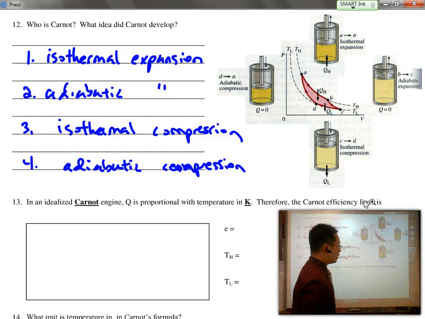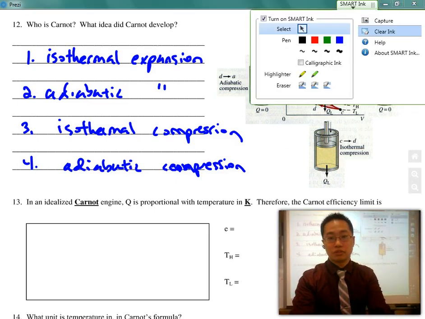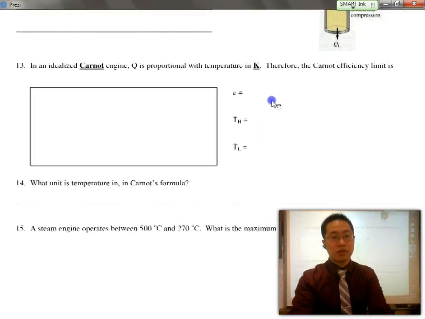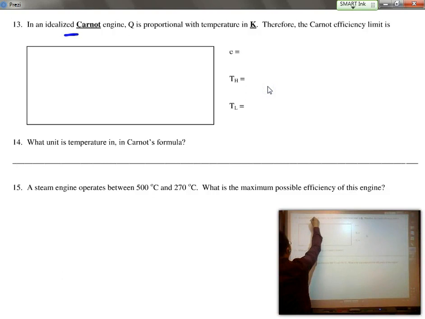Okay. Now, assuming that everything is ideal, that means that the temperature is directly related to the heat transfer itself.